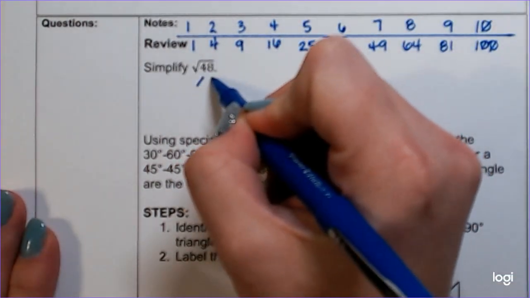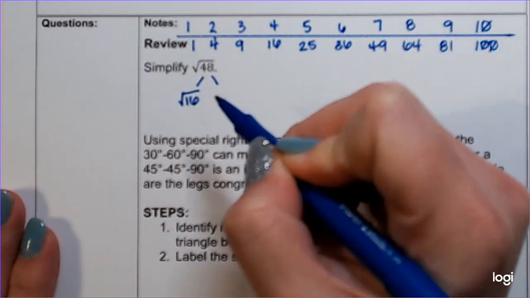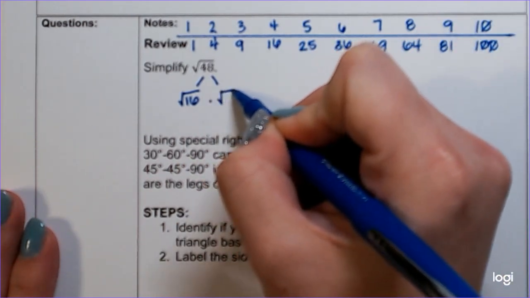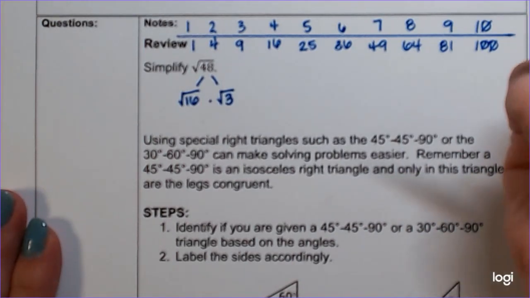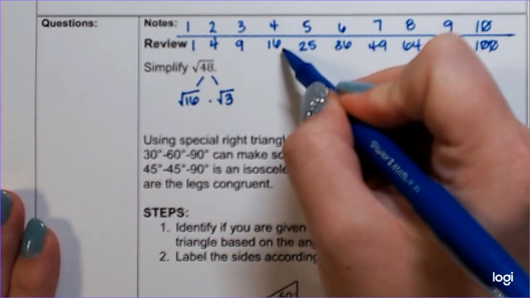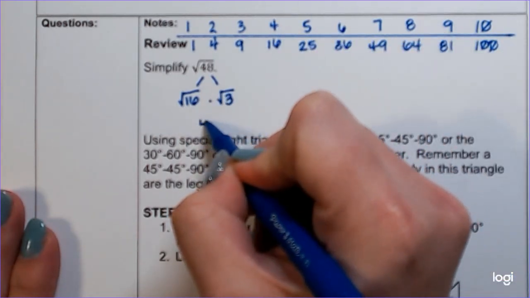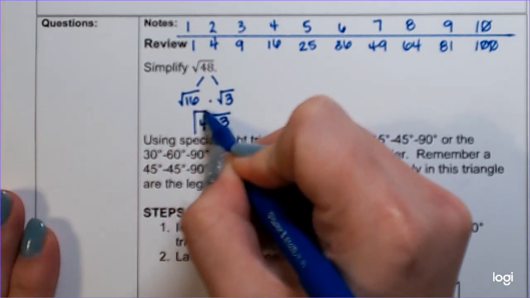So we will rewrite this as square root of 16, that was the perfect square that worked, times square root of 3, which was what we got when we divided 48 by 16. Square root of 16, 16 is the perfect square, so we will rewrite it as that top number without the radical, and keep the square root of 3.